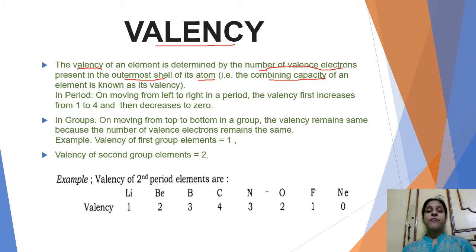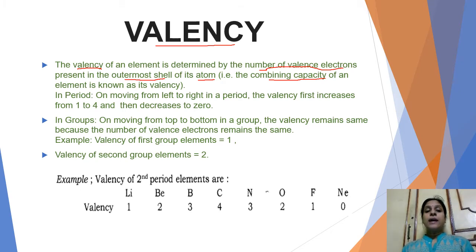For example, if I'm talking about hydrogen, its atomic number is 1, so its configuration is also 1, and from there we can say that the valency of hydrogen is 1. Similarly, another element whose atomic number is 2 is helium, and its valency is 2.